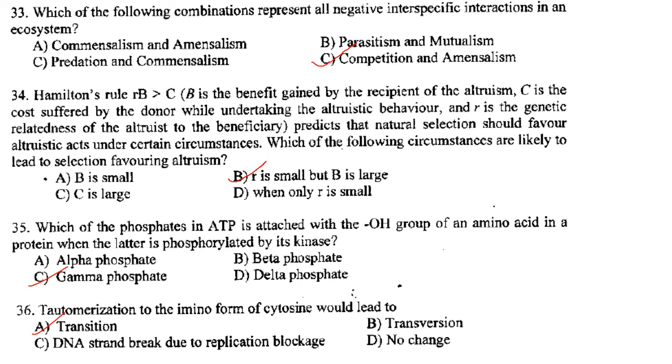The one who is doing this altruistic behavior has a loss, but that loss, that is C, is the cost suffered by the donor while undertaking the altruistic behavior. So C is the cost suffered by the female lion while she is protecting the starving cub of her sister. It more than compensates for the loss to herself.